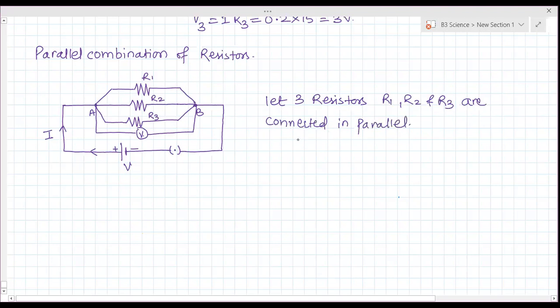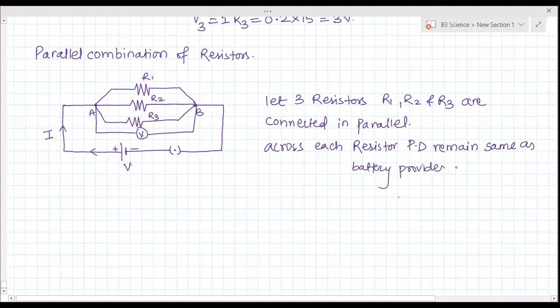So across each resistor, the potential difference remains the same as the battery provides, that is V, right? But now which is different here? What is different across each resistor? Which value will be different for each resistor?